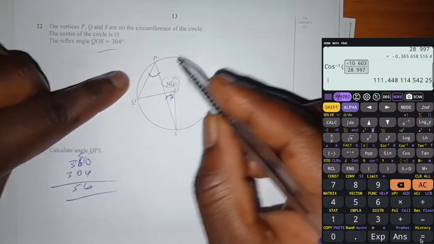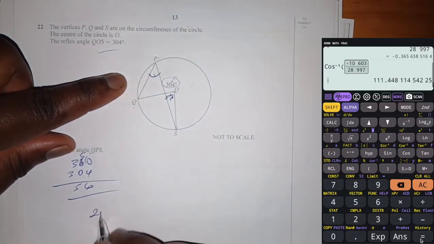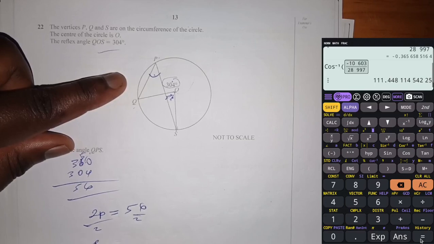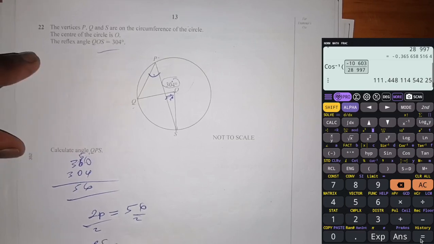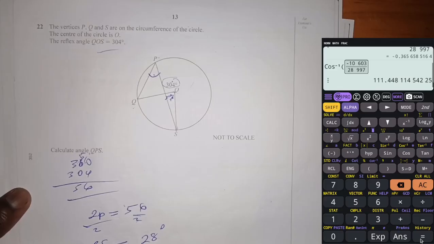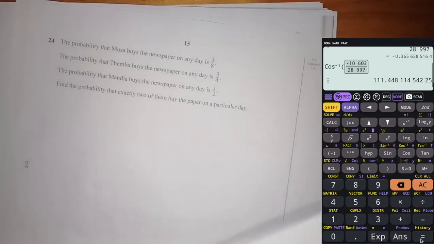This angle is 2 times this angle. Now 2P is equal to 56. Divide by 2. Then the angle P, which was QPS, is 56 over 2, which is 28 degrees. Take the 2 marks. Then move on to the next question.